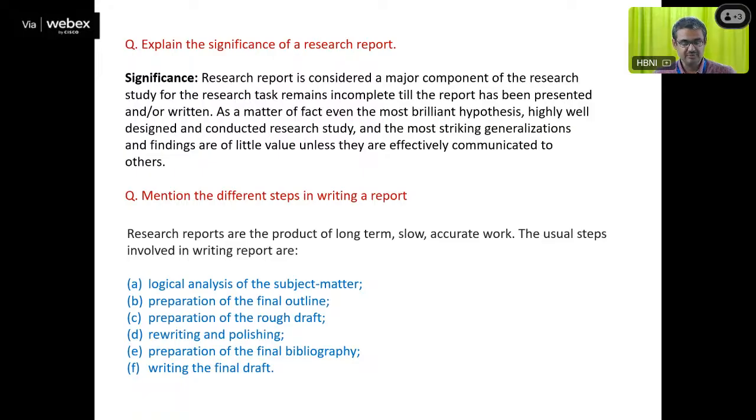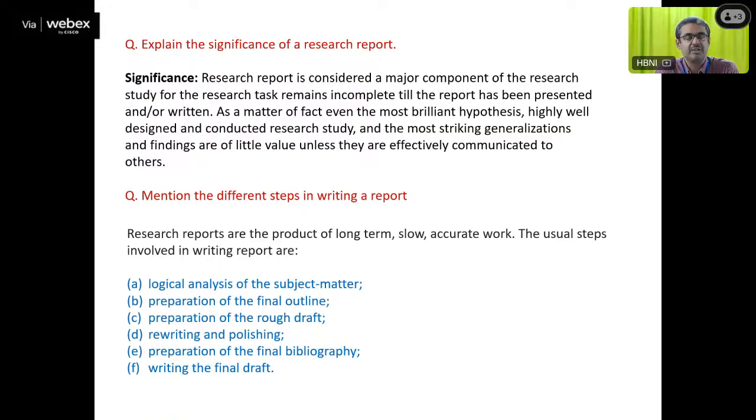What is the significance of a research report? A research report is considered a major component of the research study. The research task remains incomplete till the report has been presented and written, right? So we all know unless the research is written or documented, it is incomplete because you do not have a target audience or readers of your inquiry.